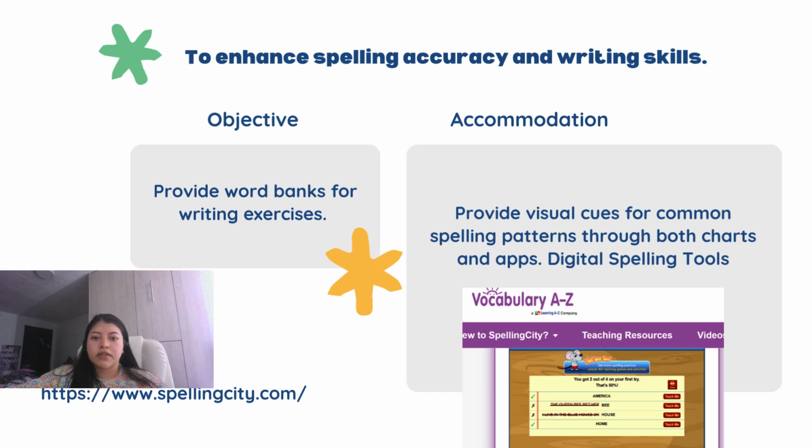Then we have the second objective, to enhance the spelling accuracy, and here I suggest digital spelling tools. In this website, you have to type some words that you think your students do not know how to type. So it's like a dictation, more or less. They are going to check if they are good or if they are bad. I think it really could be beneficial for students that are struggling with decoding letters and right order.